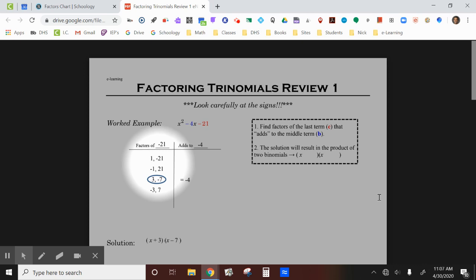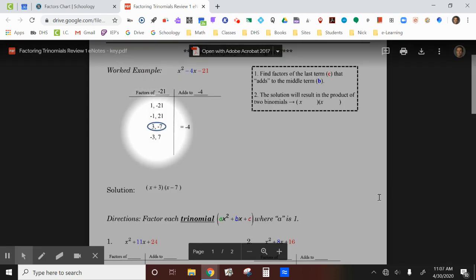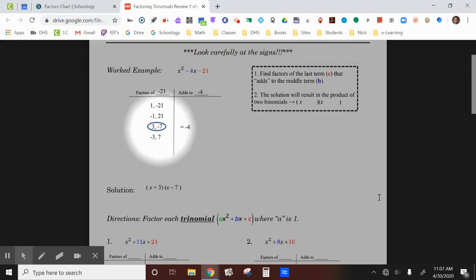So instead of writing 1 and 21, we can just write 3 and 7, but use both combinations because we want to make sure we add up to the correct number in the middle. Once we know that 3 and negative 7 is the pair we're going to use because they add to negative 4, that's what you put back into your solution. That's how we get x plus 3 times x minus 7.